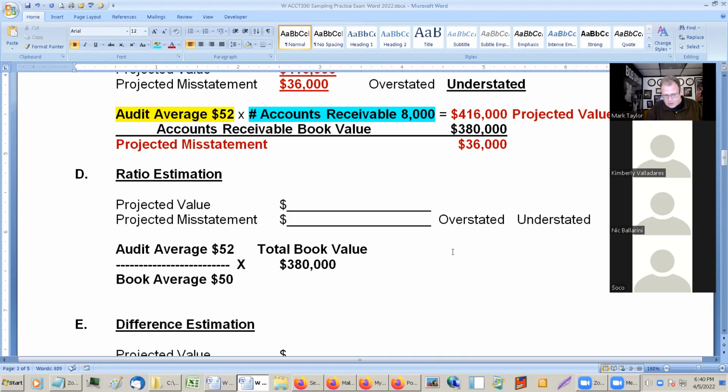And this will equal the projected misstatement, whatever that is. $52 divided by 50 times 380,000 is 395,200.